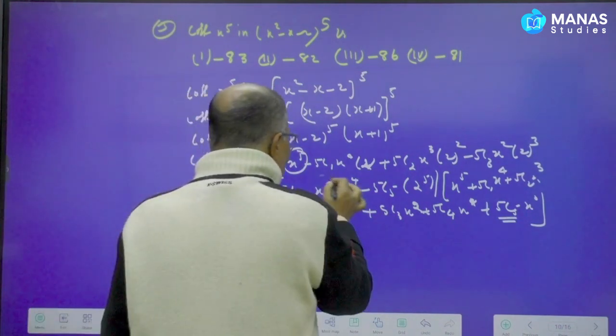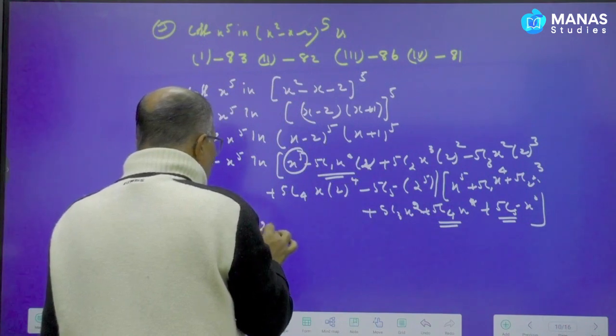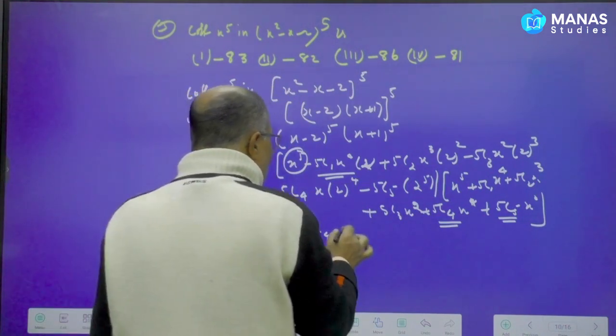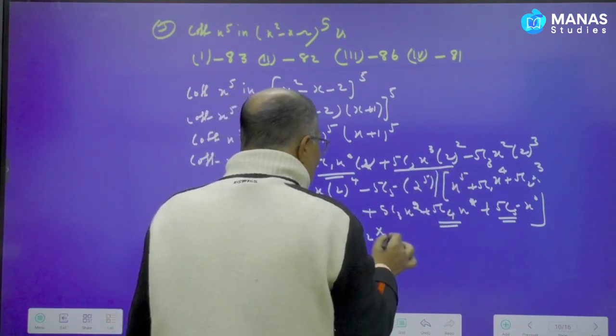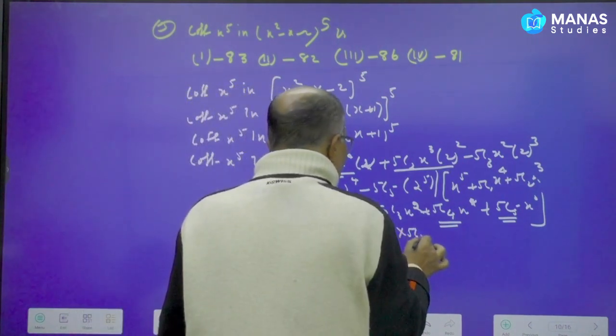Then this term multiplied by this term, that is minus 2 times 5c1 multiplied by 5c4. Then 5c2 into 2 square, that is 4, multiplied by 5c3.